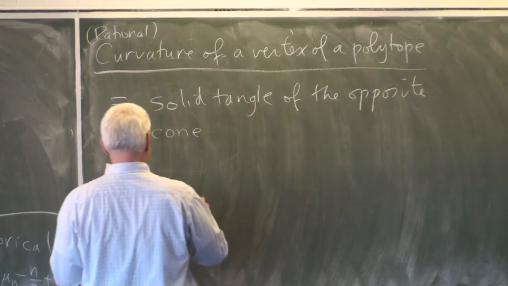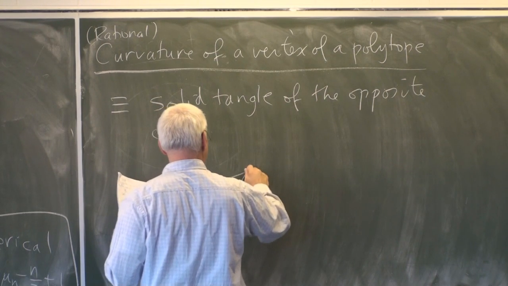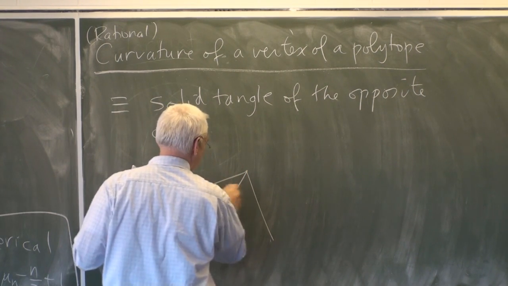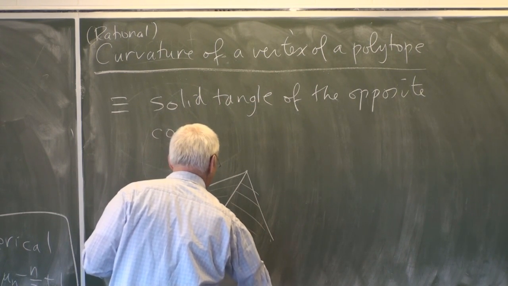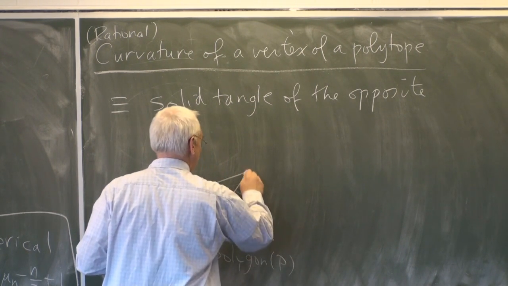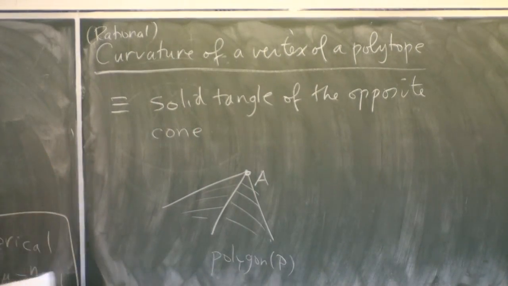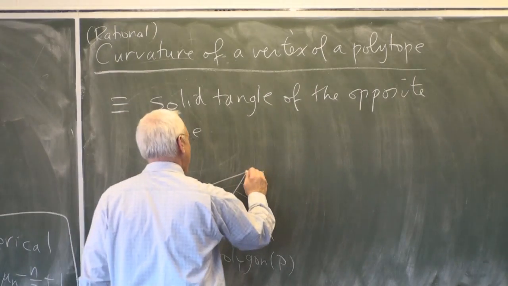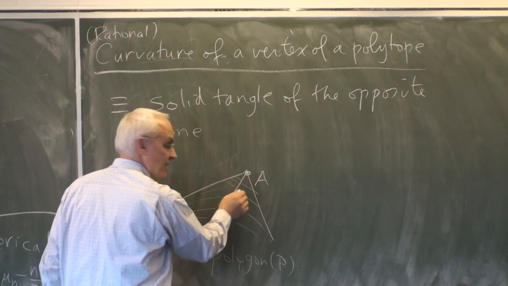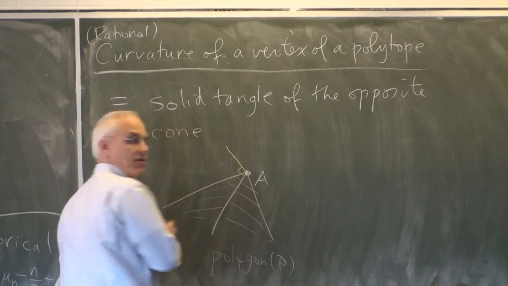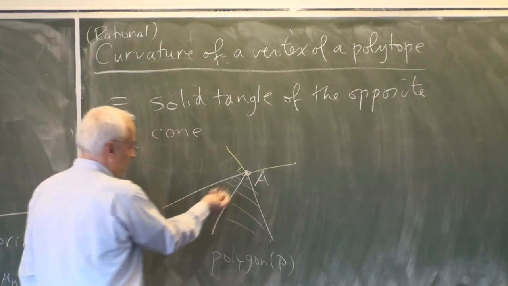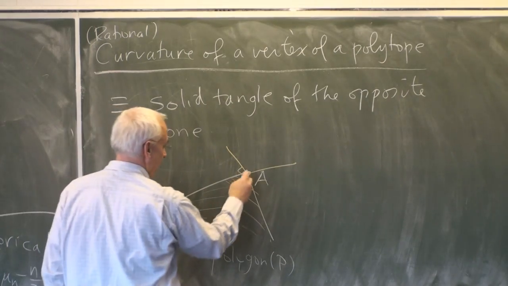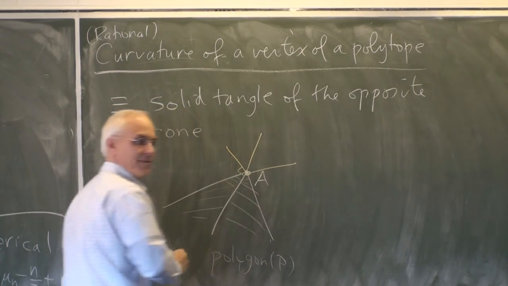Okay, so here's our polygon P. There's our vertex A. And I'm now drawing the opposite cone. So I have to do that for each face. Here I'm going to draw a line that's perpendicular to the face. For this face here, I'm going to draw a line that's perpendicular to the face. And for the face that's behind here, there's another one sort of going off in that direction.